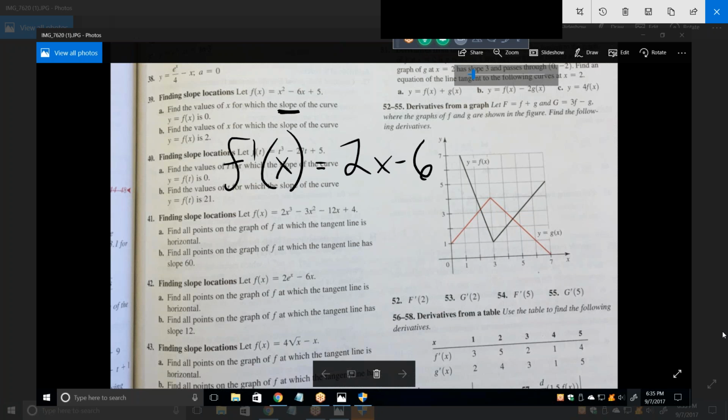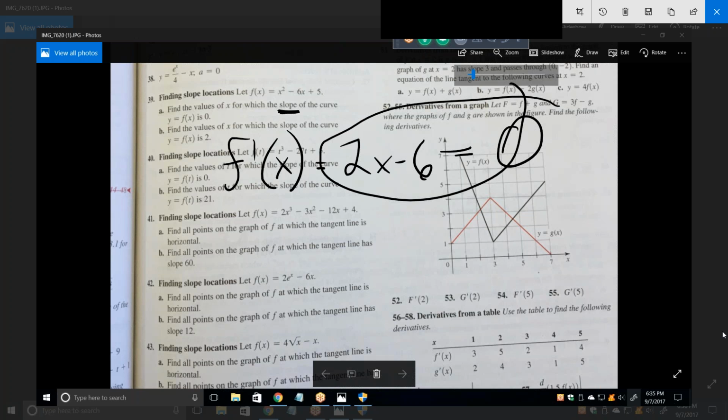Find the values of x for which the slope of the curve y equals f of x is 0. So we take the slope of the curve and we set it equal to 0 and we solve for it.